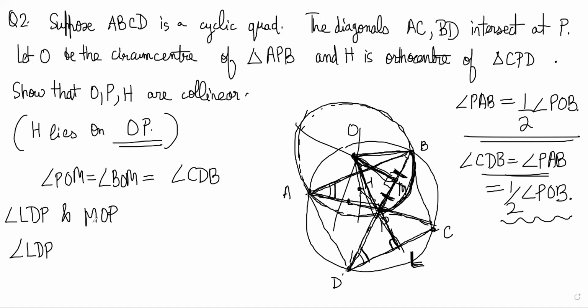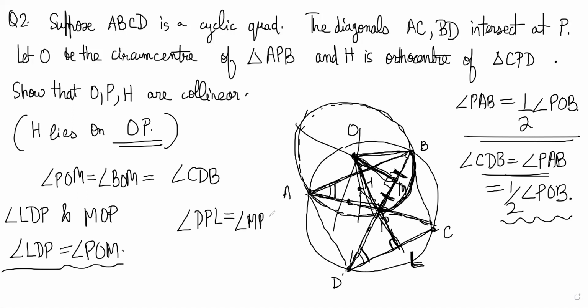That is equal to angle POM, right? And 90 degrees equal to 90 degrees. So the third angle will also be equal. So you will have angle DPL equal to angle MPO, right?